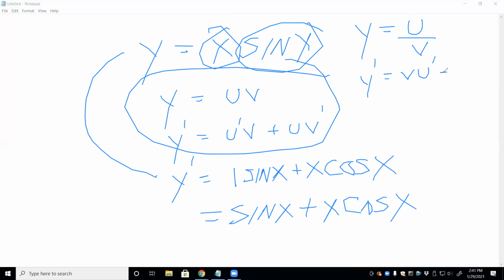And now there's subtraction going on. So order is important, and I do the opposite. So v prime times u. And you end with the bottom squared. So there's your quotient rule. And if I had x divided by sine x, this is what I would use.